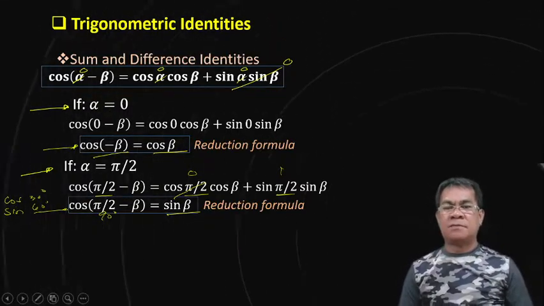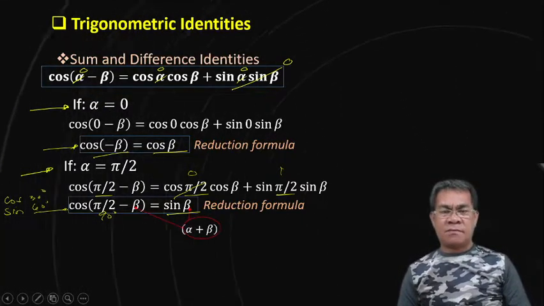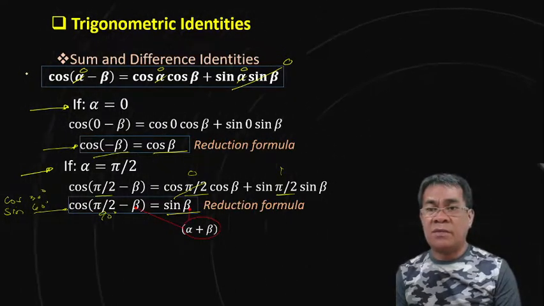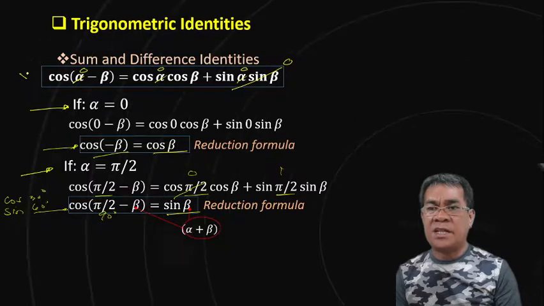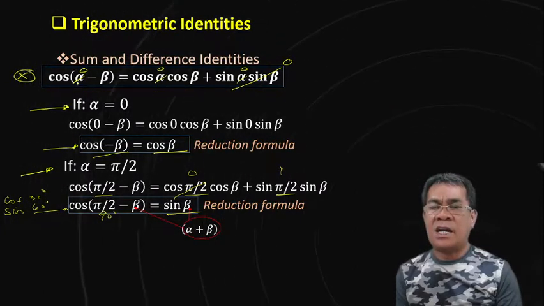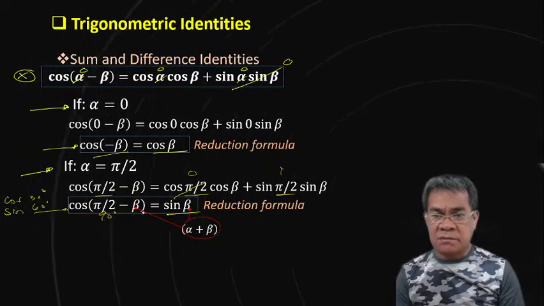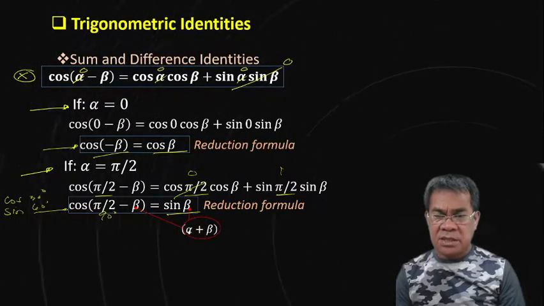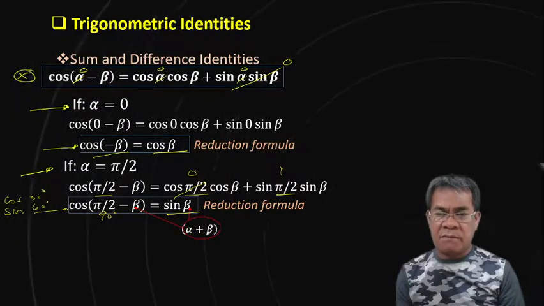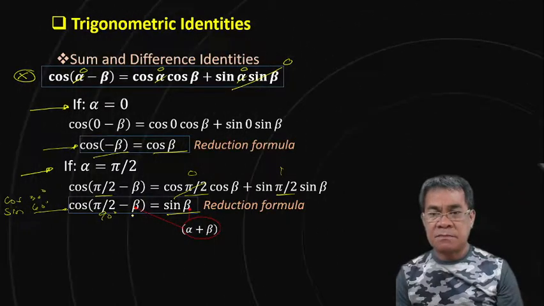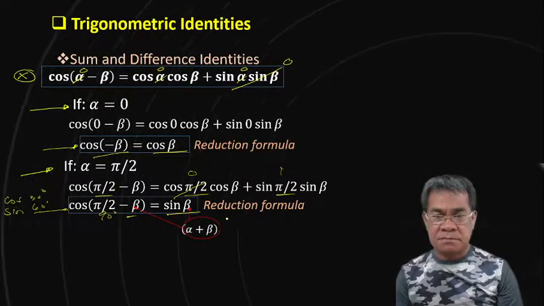That's it. So now this time, our aim is to produce another identity, a sum and difference identity coming from this one. So what will happen is, if you change this beta, instead of beta, replace it with alpha plus beta. So imagine that we will replace beta with alpha plus beta.